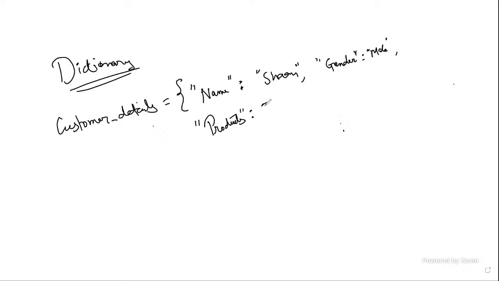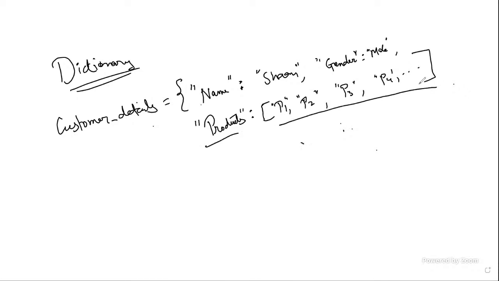So here you will have a list and you will pass product 1, product 2. Since these are strings, you will provide the names in strings, p3, p4, and so on. So this becomes the key and this becomes its value. Make sure you are separating them with a comma.